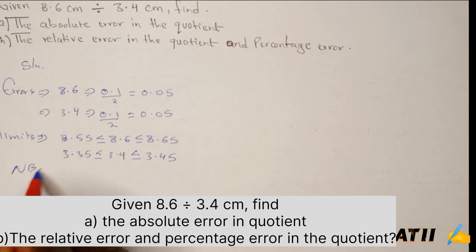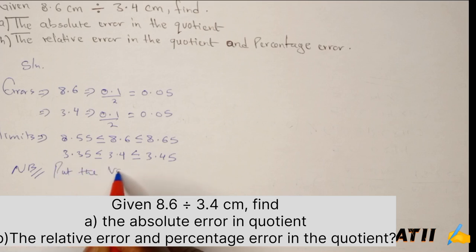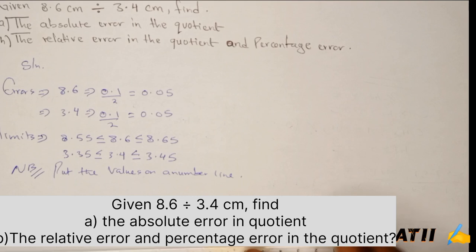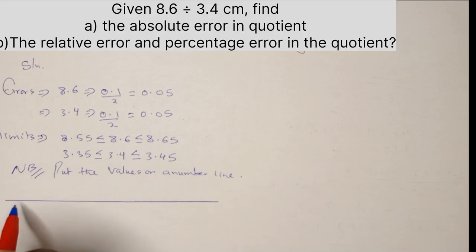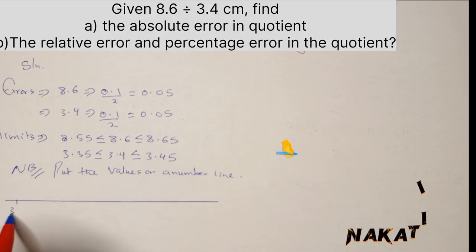It is very important, especially when you are dealing with division, to put the values on a number line. So if you put them on a number line, the lower limit here is 3.35.